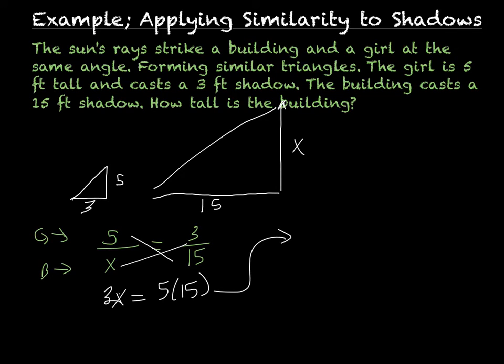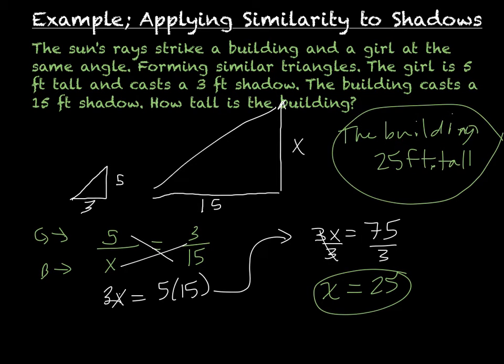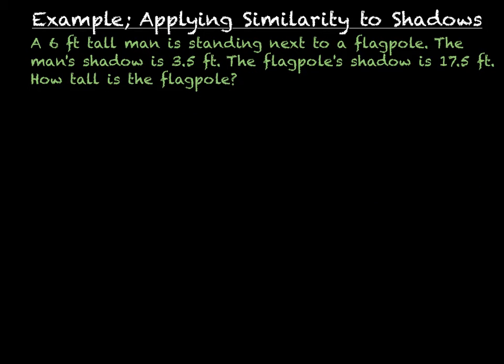What that gives me is 3x equals 75, and then I divide by 3. So my final answer is x equals 25. What does this mean? This means that the building is 25 feet tall. Make sure you can explain what all that means. Building's 25 feet tall.